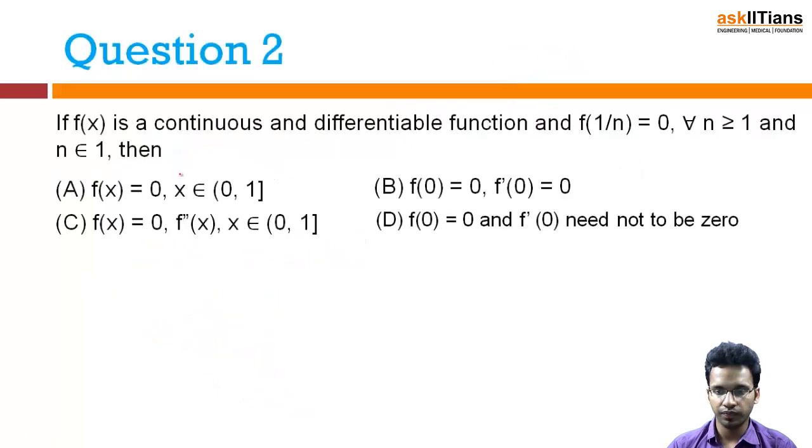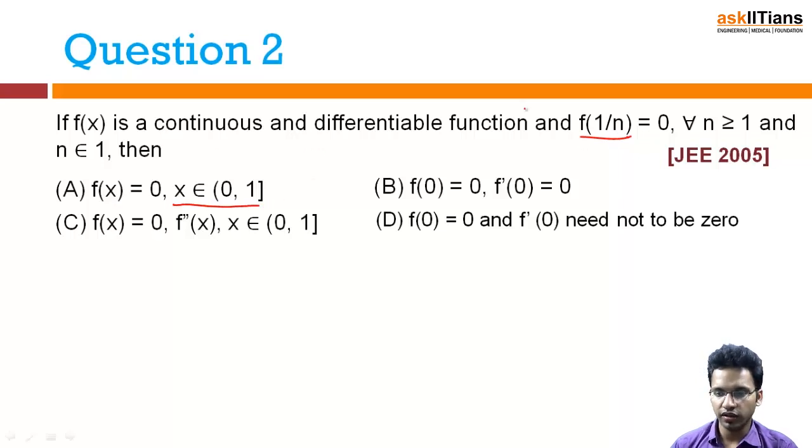Now this is a good question. f(x) is a continuous and differentiable function, and f of 1 by n is given to be 0. This came in IIT-JEE 2005. Looking at the options, f(x) equal to 0 for x belonging to 0 to 1.